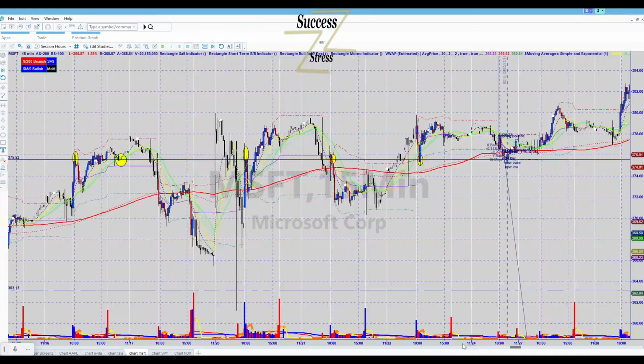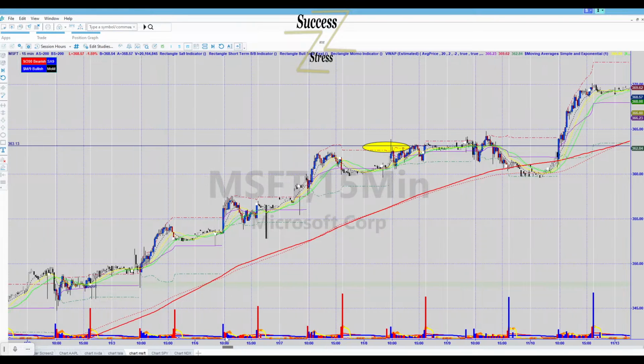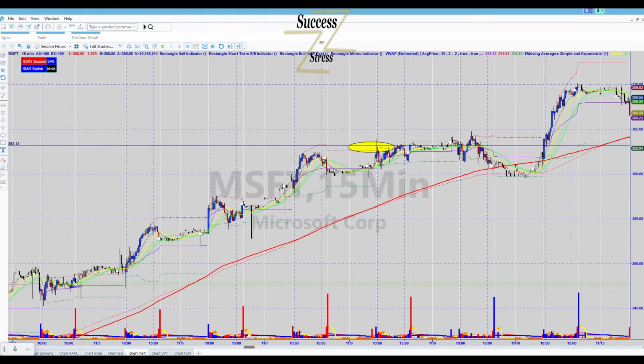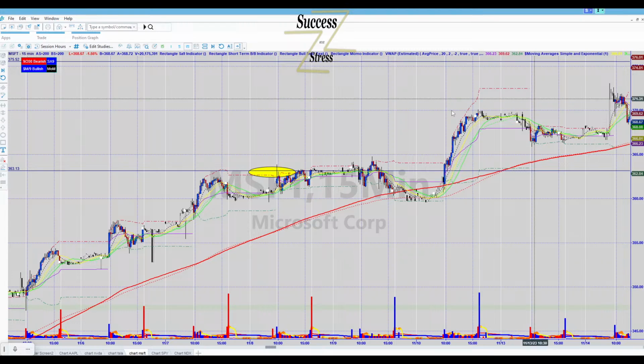So that is 362.84. Oh, well, no, that was right in here. Okay, so then this area is essentially resistance, later turned support, right?